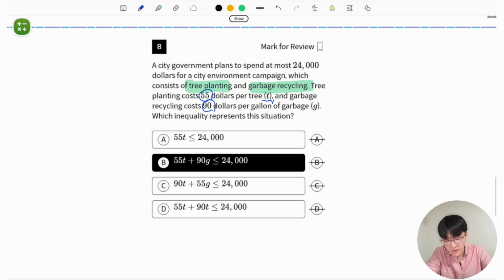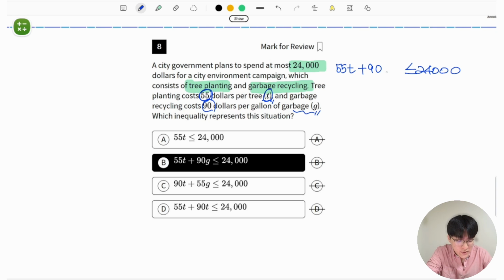So the government wants to spend no more than $24,000, so we want the value to be smaller than or equal to 24,000. It can be 24,000, and we know that it costs $55 per what? Per tree. Times t, plus $90 times how much garbage there is, so 90g.